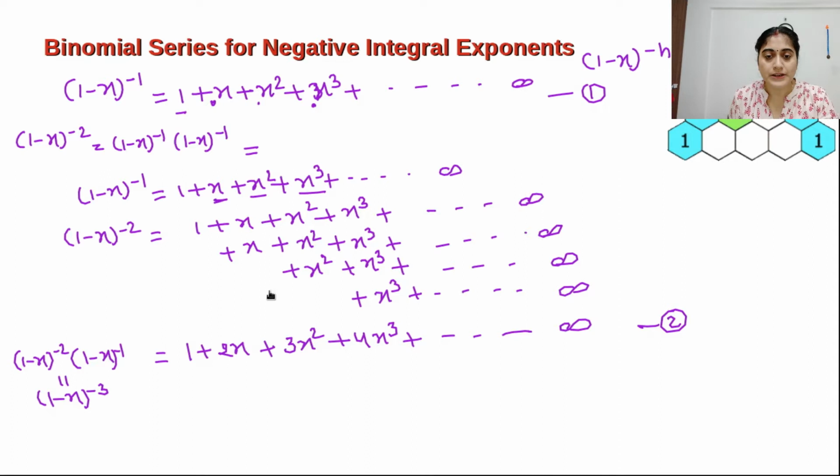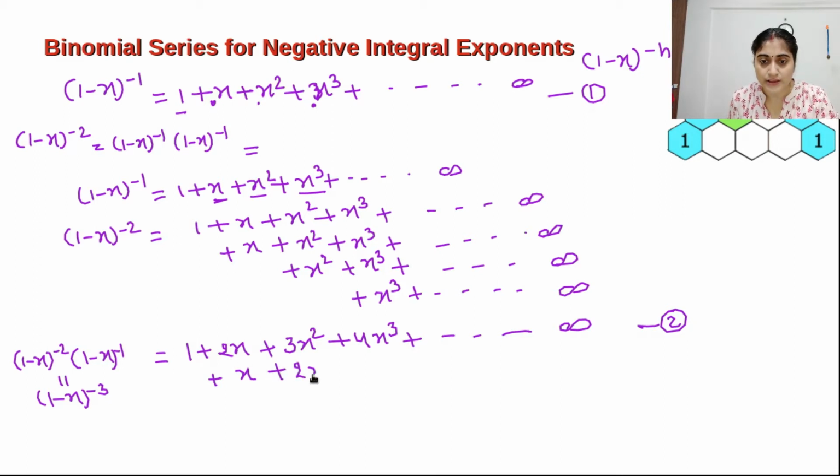Why am I keep on multiplying? I just want to see the pattern of this coefficient, how it is increasing. So let's start to multiply. If I multiply 1 with this, the same series will come. Now I will multiply x with this series, so it will be x, which I can write here. Then if I multiply x with this term, it is 2x square.